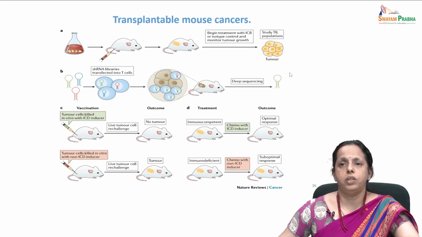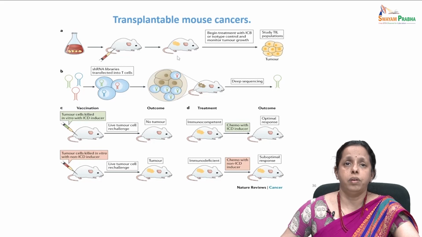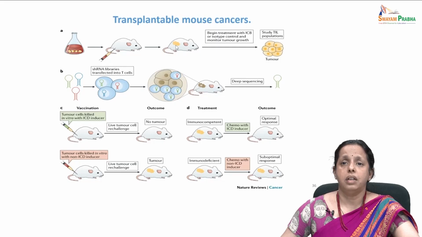This is the strategy for developing immune checkpoint blockers. In the standard transplantable approach, histocompatible cancer cell lines are injected into immunocompetent inbred mice. A few days after the tumors are established and the tumors grow, tumor infiltrating lymphocyte populations are harvested and studied.